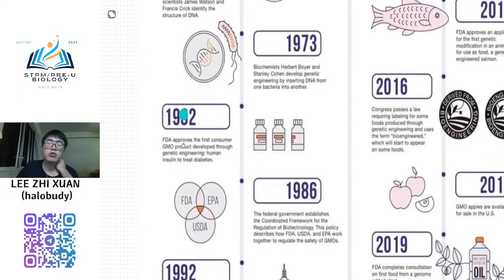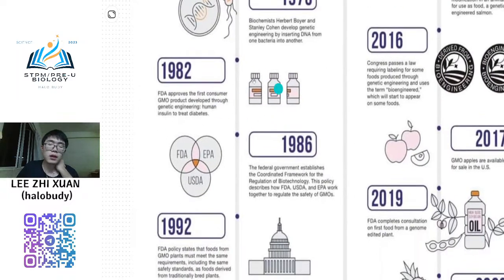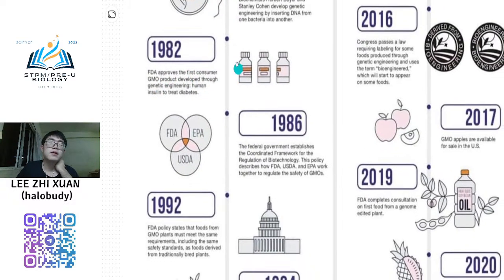So when human insulin produced using GMO was approved by the FDA, starting from this year, many scientists started to discover genetic engineering technology.